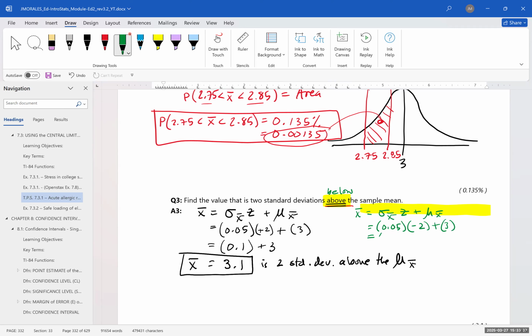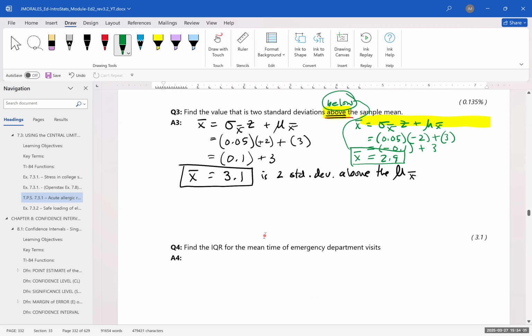And that would have made this a negative 0.1. And when we take a positive 3 and we subtract 0.1 from it, we would have gotten 2.9. So that's the answer we would have gotten had we been asked for 2 standard deviations below the mean.